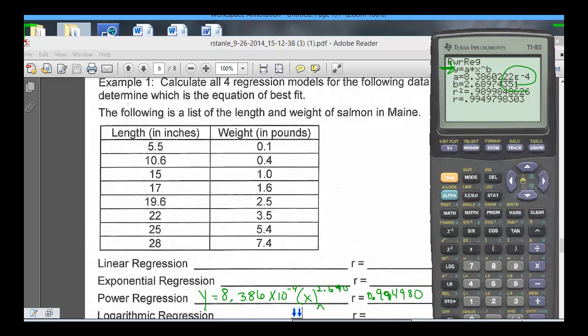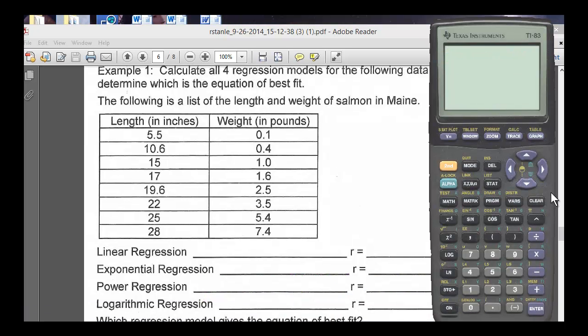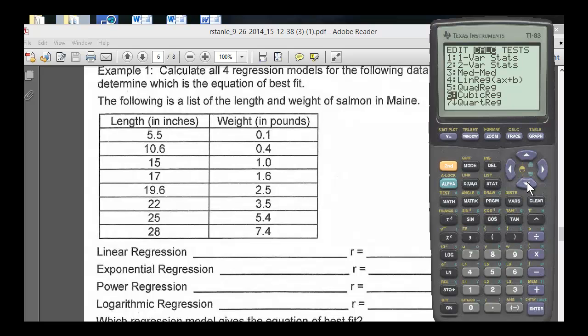Very good. Now let's get the logarithmic equation. Stat, right over to Calc, arrow down to logarithmic.